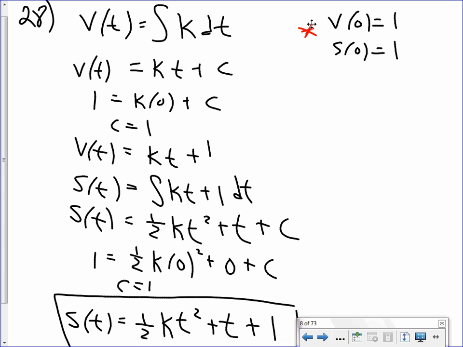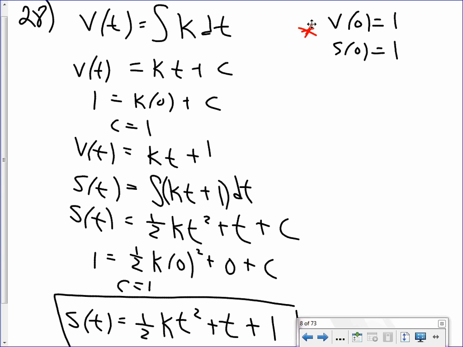Now we integrate velocity to get position. So we have to integrate kt plus 1. And when we do that, we get 1/2 kt squared plus t plus c. So now we're going to use a point on the position graph. It told us that the position at time 0 is 1.